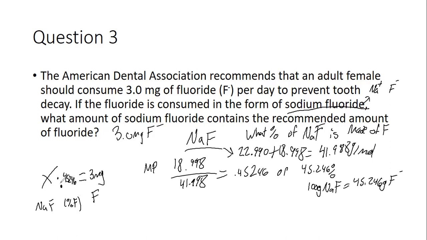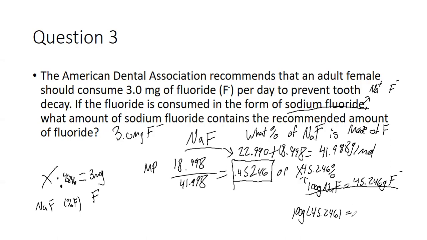So something to realize here, when you use percentages in math, you have to use the decimal form. You can't use 45.246% in a math problem. To show you the logic of that, if I wanted to figure out this answer and I use this, I would say, okay, for every 100 grams, 45% of that is made from fluorine, right?